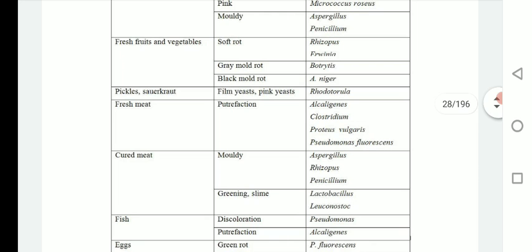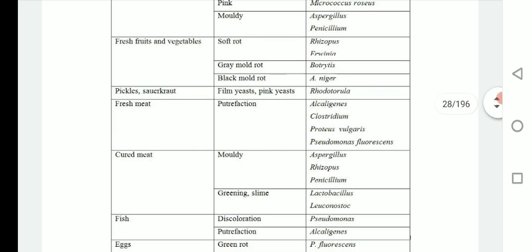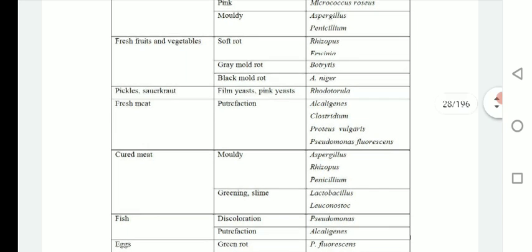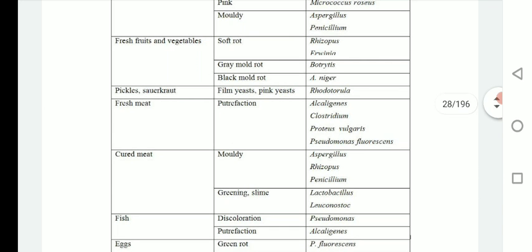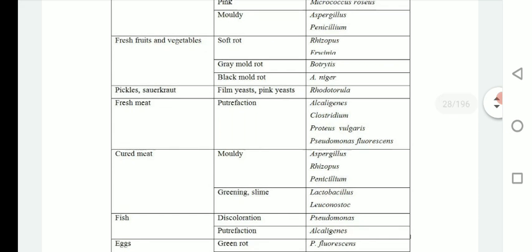Soft rot spoilage is mainly caused by Rhizopus and Erwinia species. Then grey mold rot is mostly caused by Botrytis species. Then black mold rot is mostly caused by Aspergillus niger. So these are the main causative agents responsible for spoilage of fresh fruits as well as vegetables.